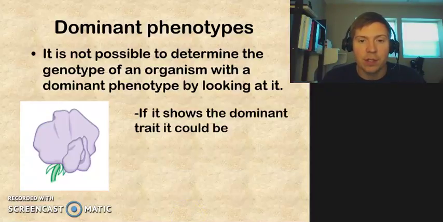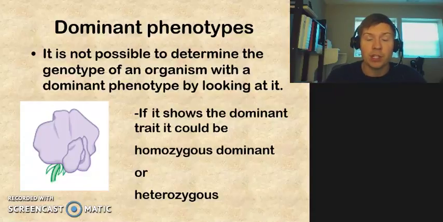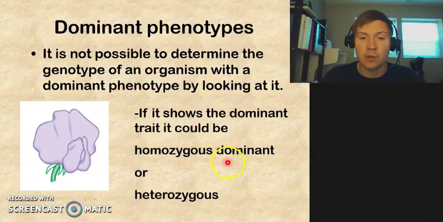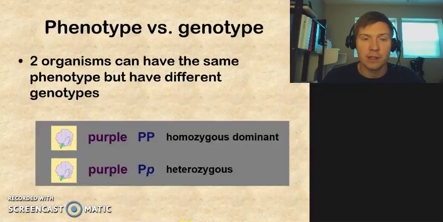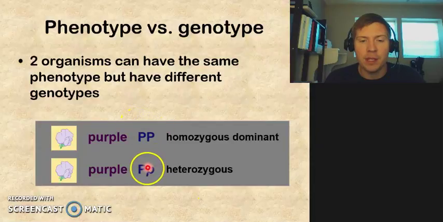Now we'll go to flower color, and we have purple flowers and white. Now in these pea plants, purple is dominant to white. So if I show you a plant in purple, you don't know whether it's big P big P, or whether it's big P little p. You can't tell just by looking. So they could be either, but they both look purple.